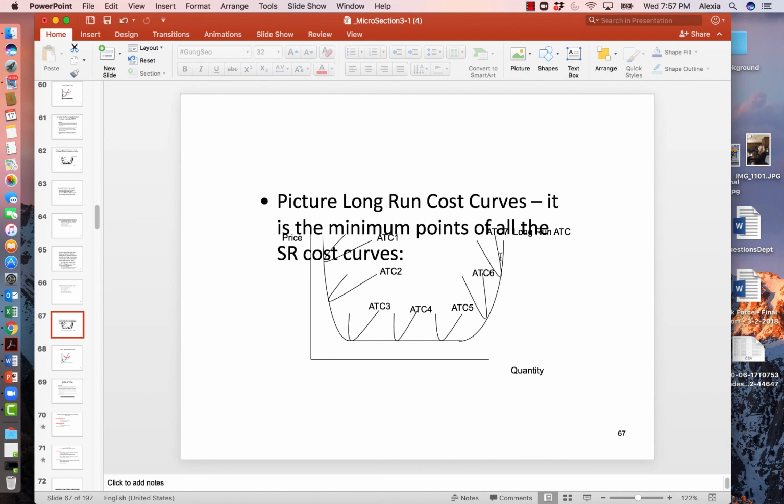But the point is that companies need to be aware, when they're looking into the thought of expanding, that this is a possibility. Going into diseconomies of scale is absolutely a possibility that can occur to companies.